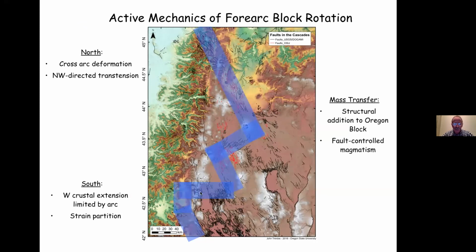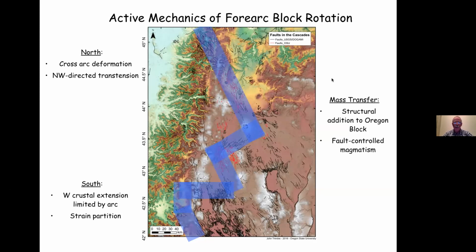And that structural style persists as you go to the north, but switches where north trending faults have oblique shear and the northeast trending faults have the dominant dip slip fault. So there's a broad zone here of separation between the forearc region and the back arc region, which defines the northwest corner of Basin Range.